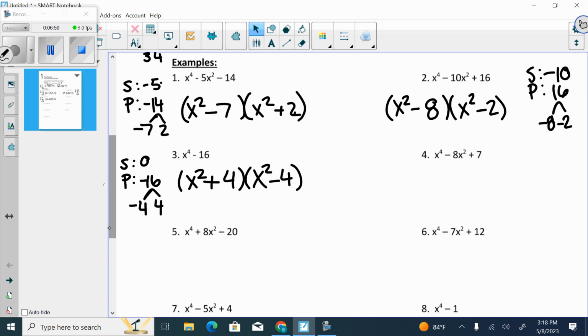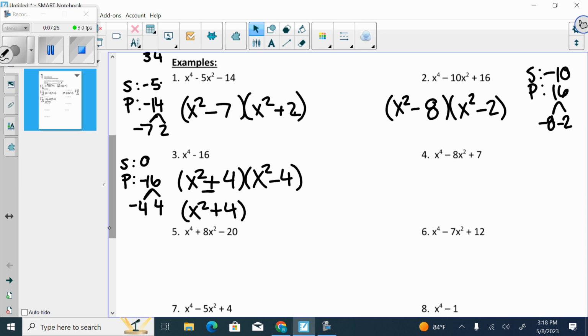Negative 2 and positive 2. Is there anything that will multiply to give me a positive 4 and add to give me 0? So 2 times 2 is 4, but is 2 plus 2 0? No. So, because this one has a plus sign in there, it does not factor any further. So it's just going to say x squared plus 4.